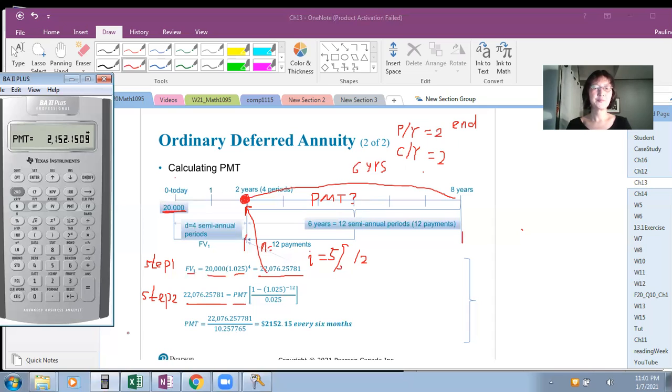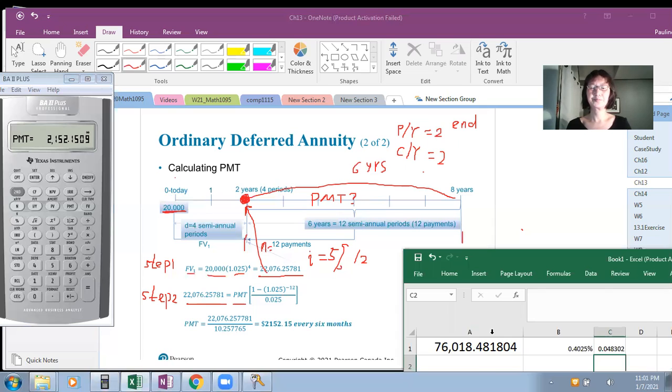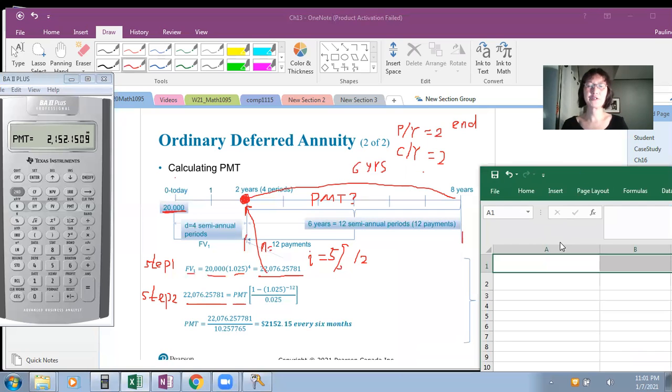Now Excel. In Excel, we still need 2 steps. Step 1, find the future value of this 20,000 in 2 years. Okay. So equal FV.